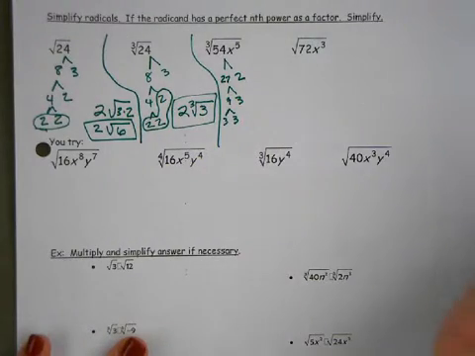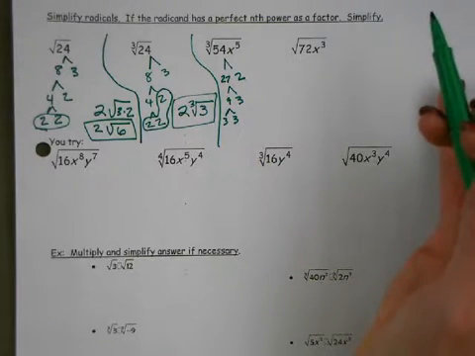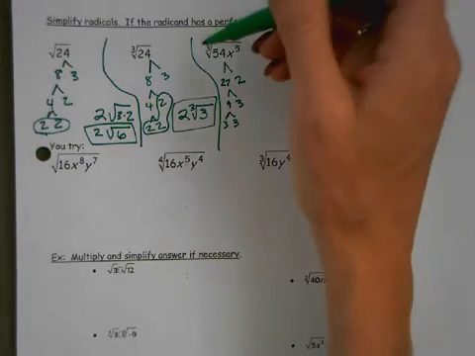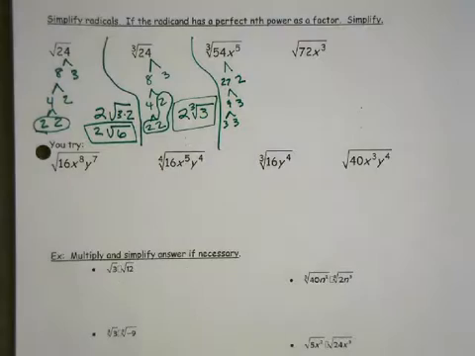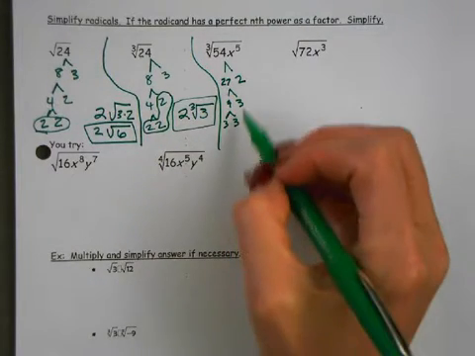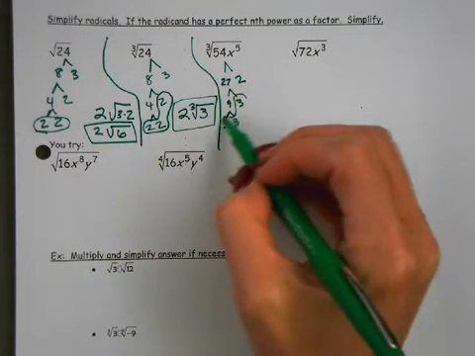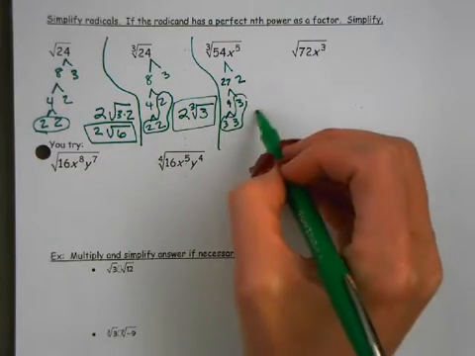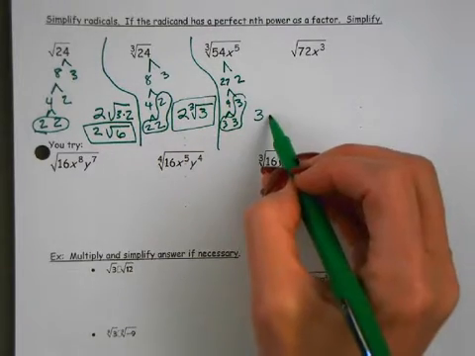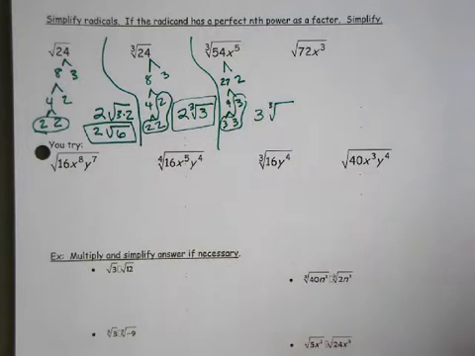How many of a kind am I looking for? 3, because my index is 3. So I say, okay, there are three 3's here, so I can pull that 3 out. And I have my radical sign here.